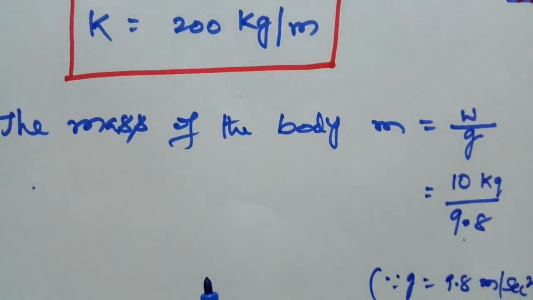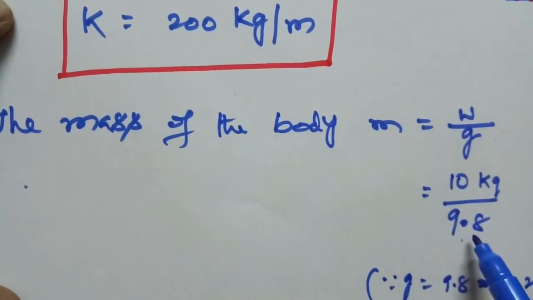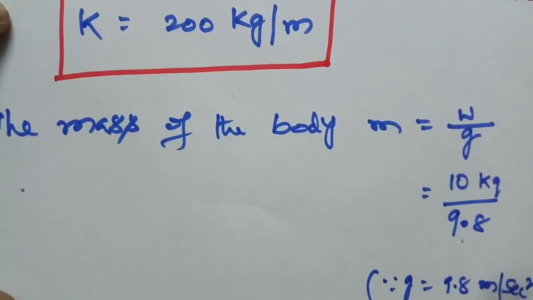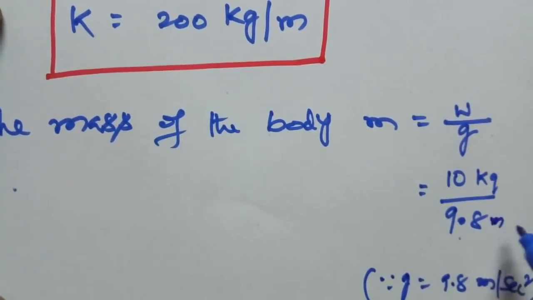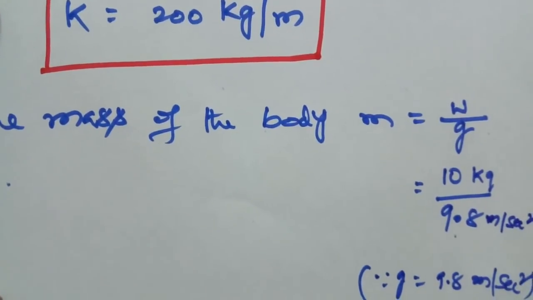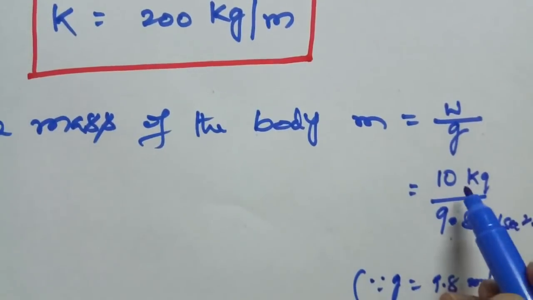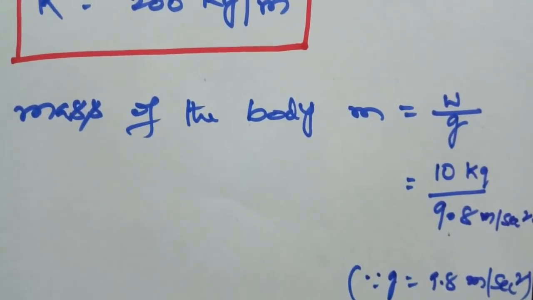Therefore by simplifying, 10 by 9.8 is the value of the mass.